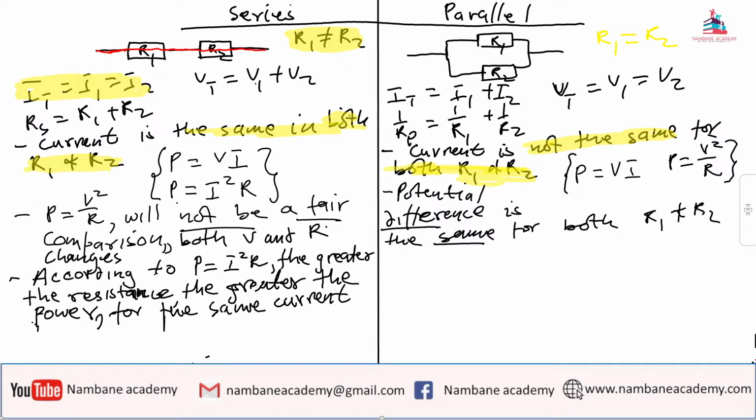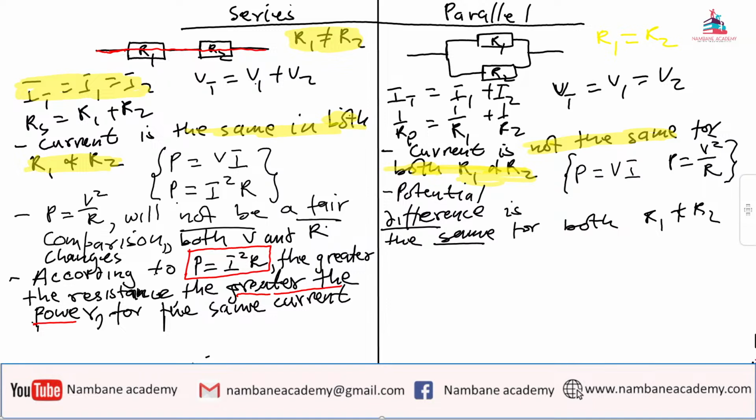So according to this equation, P is equals to I squared R. Because remember, we are comparing now. So the current will be the same, but R will not be the same. So the one with a bigger resistance will produce now bigger power.